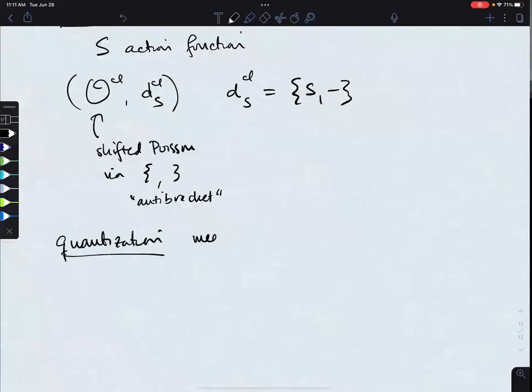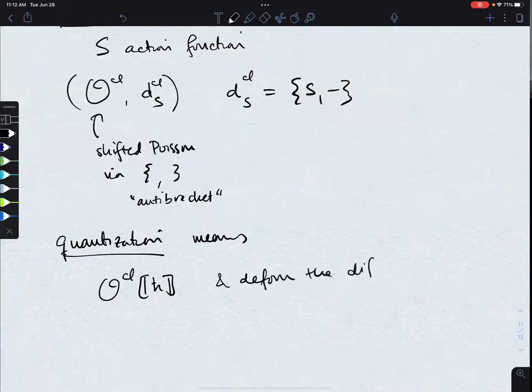Quantization means that we take this thing and we adjoin H bar, and we deform the differential.